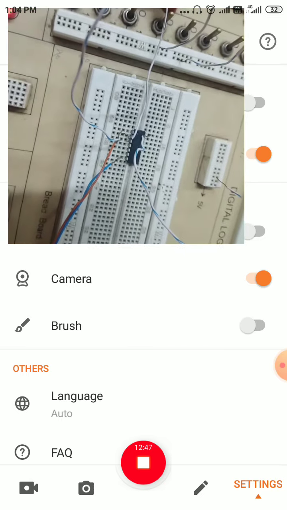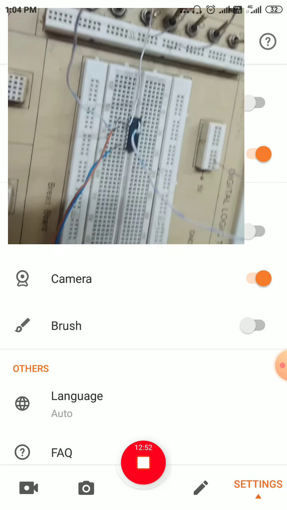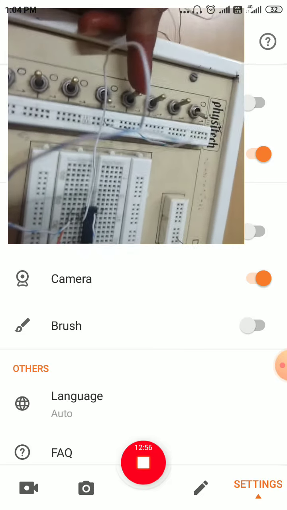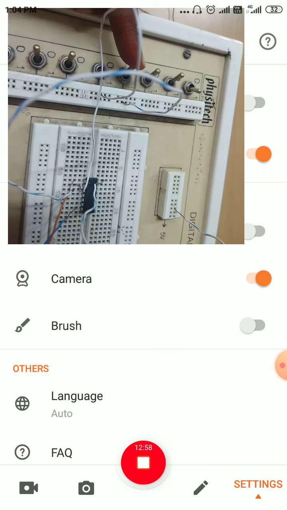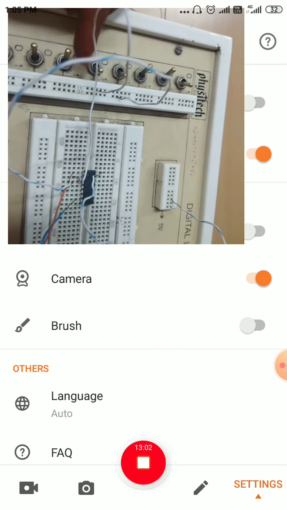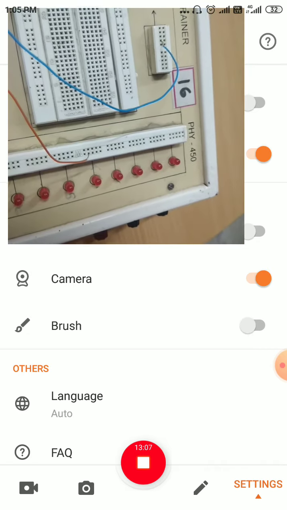When one input is high and the other is low, 1 0, the output is low. When both switches are in position 1 and 1, the output is also low.